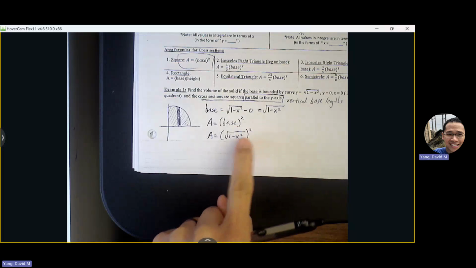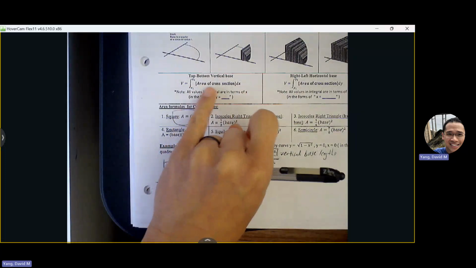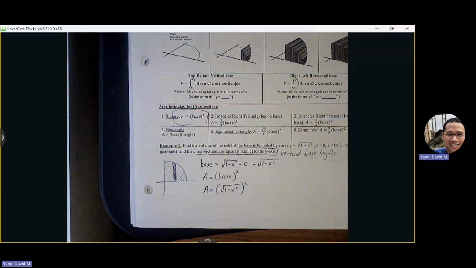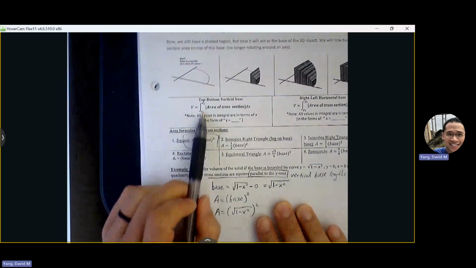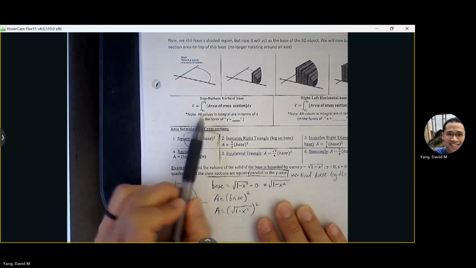And now that we have the area of one of the squares, the next thing we need to do is just put the integral notation around it, and that will accumulate all these different sized squares from the left boundary to the right boundary. Because we're doing top minus bottom, our bounds will stay in terms of x.